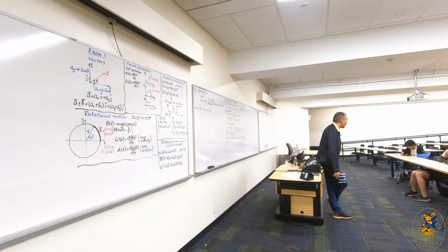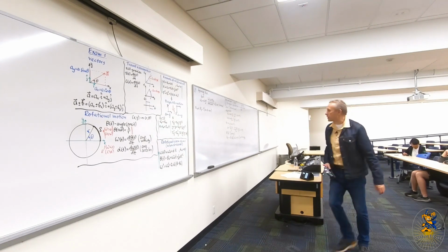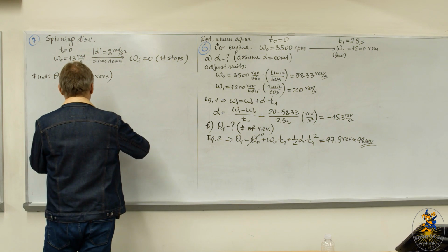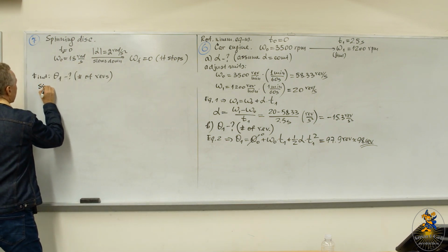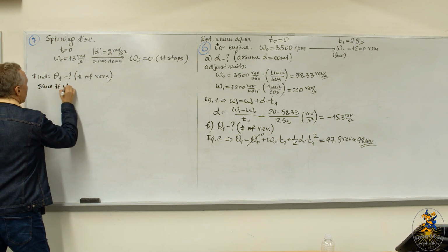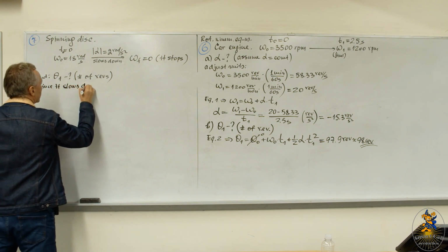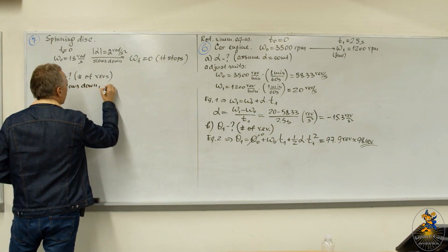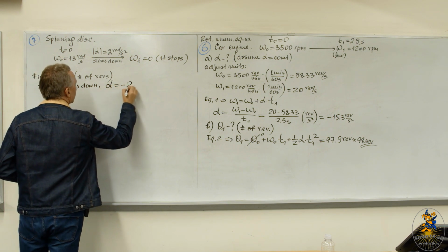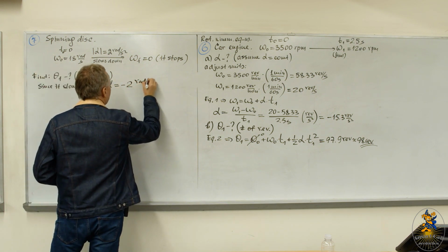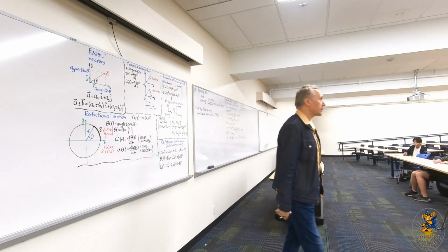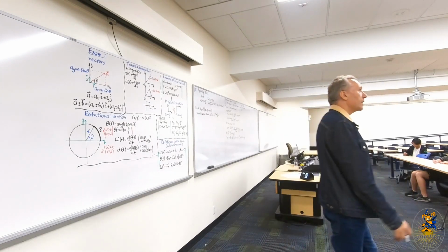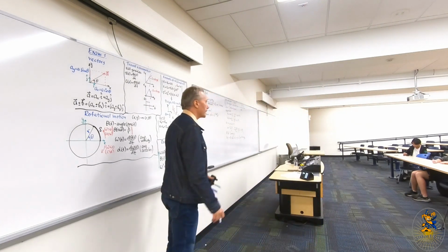So in order to start using those equations, we need to make that statement. Since it slows down, we need to write that alpha equals minus 2 radians per square second. Now we're all set to start using equations.